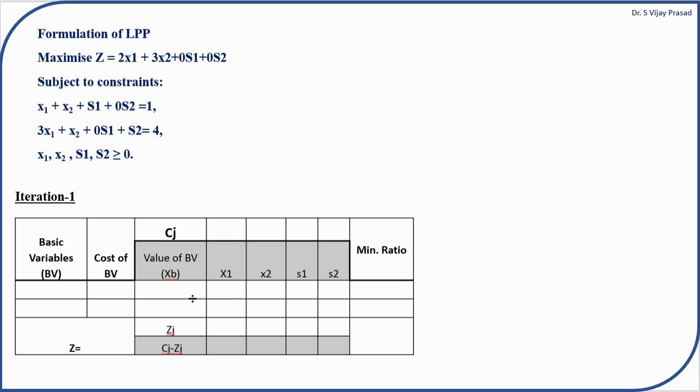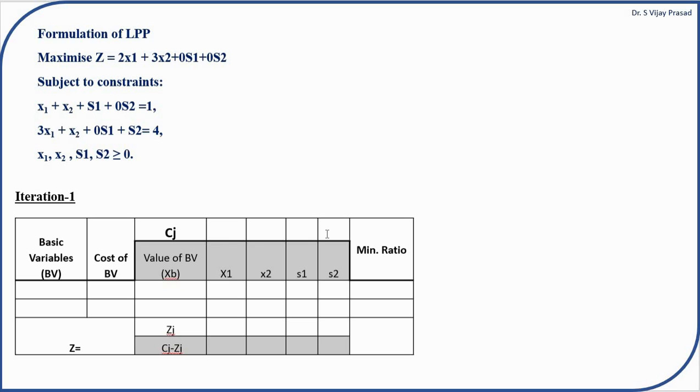Now the column vector of x1, the coefficients of x1, we are going to write down here, and the coefficients of x2, and very similarly the coefficients of s1 and s2. Okay, here Cj values are on the top. These are the costs of these variables: cost of x1, cost of x2, cost of s1 and cost of s2.